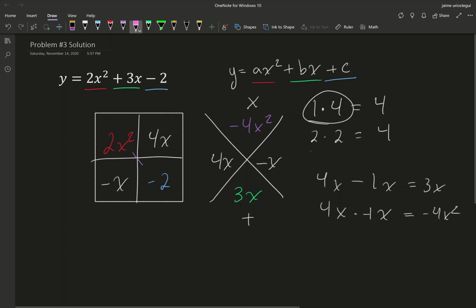Now we need to figure out what goes along the outside of these boxes. To figure that out, we need to figure out what this term and this term need to multiply to be this term where they meet up. See here, they meet in that position. So I'd recommend we put a 2x there and an x there.